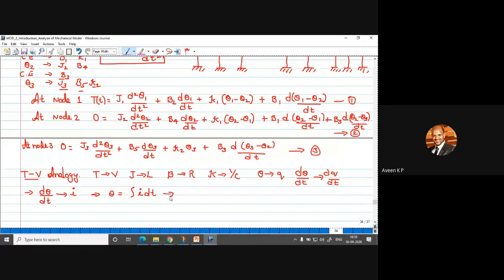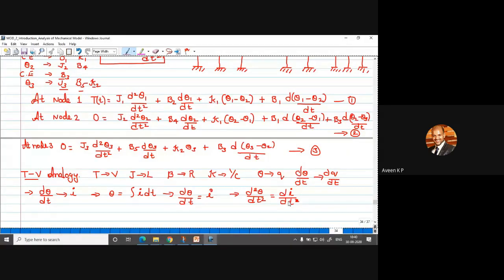Again, if I apply the differentiation, d theta by dt is equal to I. And if I apply one more differentiation, d square theta by dt square is equal to differentiation of I with respect to dt. So this is the modification that you need to do while representing the torque voltage analogy.